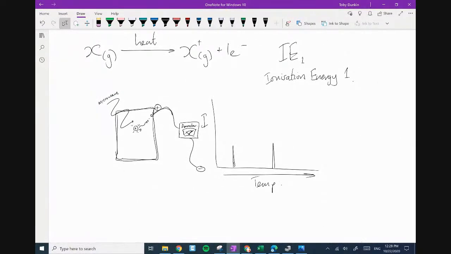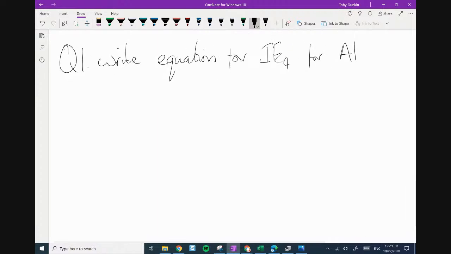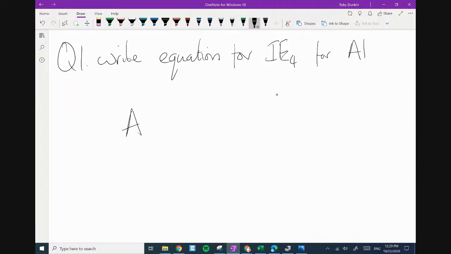So what they now do is ask you a question. Question number 1, because I haven't asked one yet: write the equation for ionization energy for aluminium, for Al. Very straightforward question. Aluminium needs to be a gas, but we're removing the 4th electron. What that means is aluminium will become +4 at the end of it.